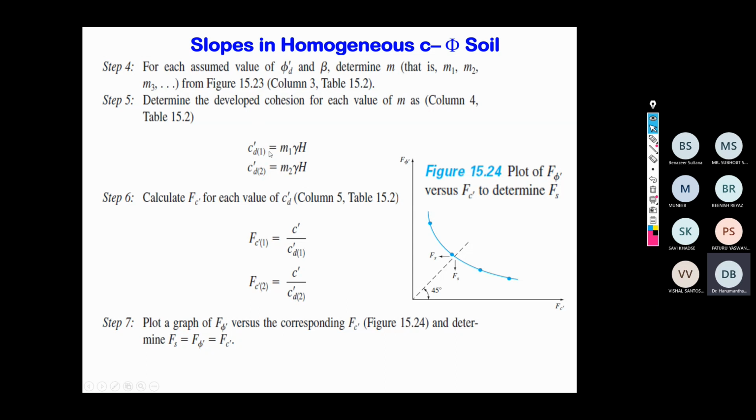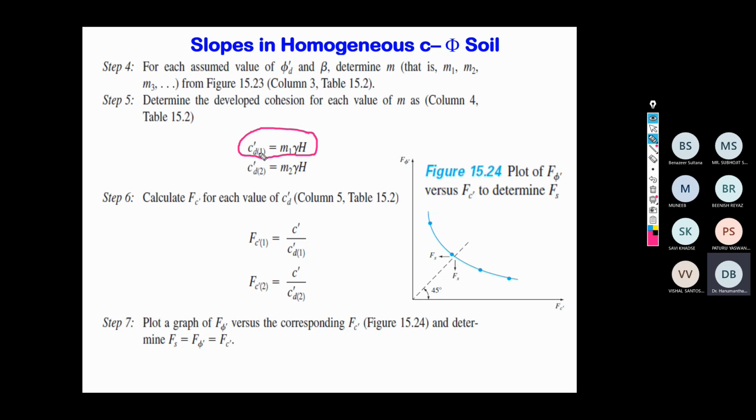The relationship is, c' is the original value. This is also the mobilized cohesion, called c'd1, which equals m1 into gamma H. This corresponds to the initially assumed value.